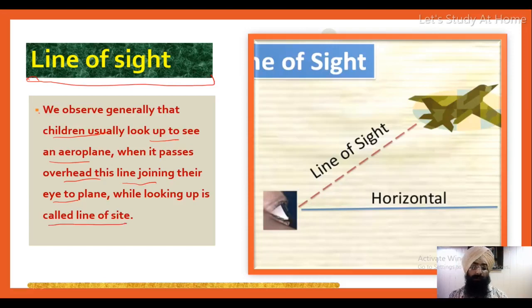Meaning, children usually look at the aeroplane when it is passing overhead. This line joining their eyes to the plane is called the line of sight. When a child looks upward, the line which joins the aeroplane with his eyes is called the line of sight.